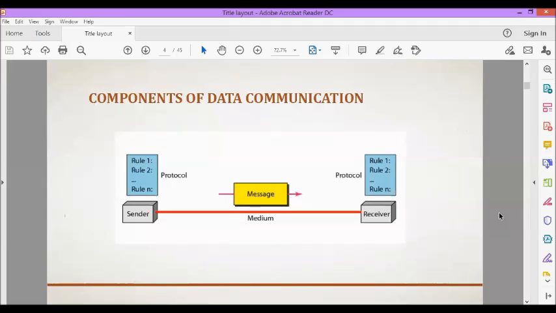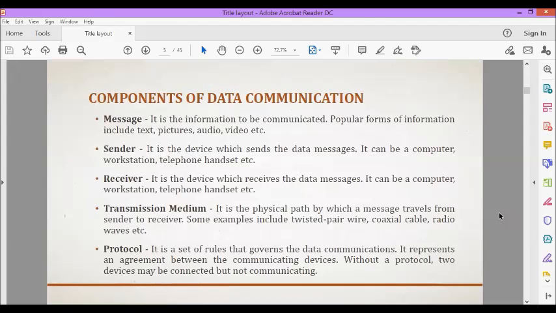It is the physical transfer of data over a point-to-point connection between two nodes or endpoints, or point-to-multipoint, which is communication accompanied by a one-to-many connection. So these are the different components of data communication.